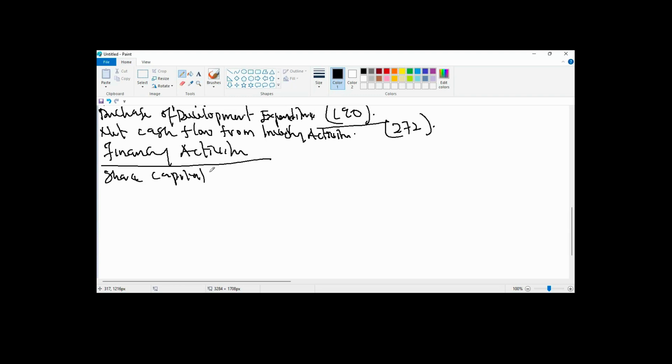What is the share capital at the beginning? 400. There's additional information. During the year, this team made 148 bonus issue, utilizing the retained earning.